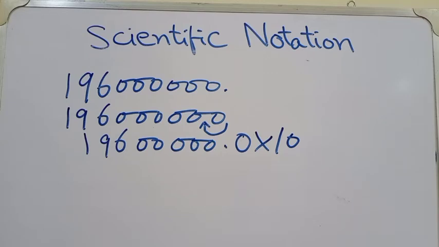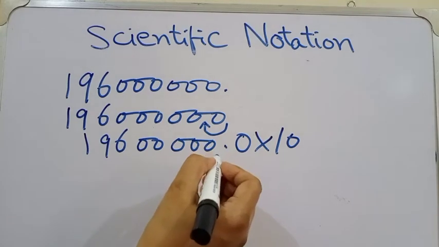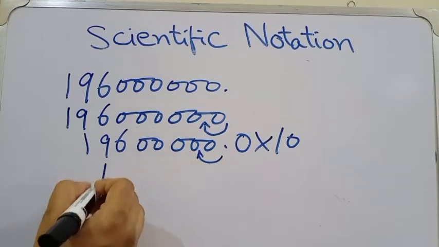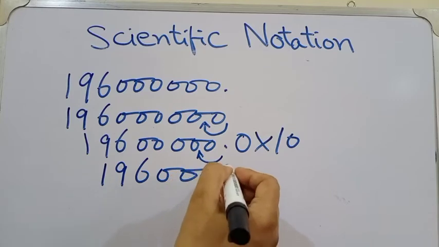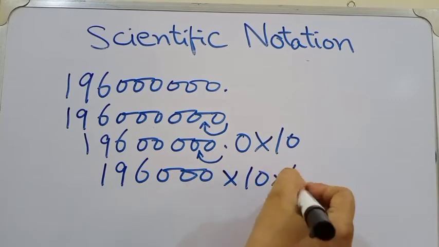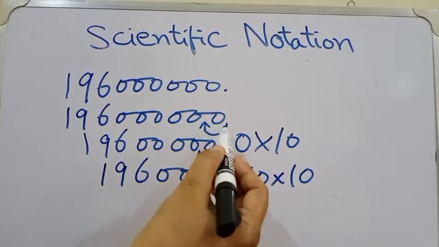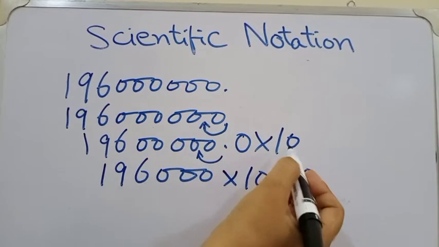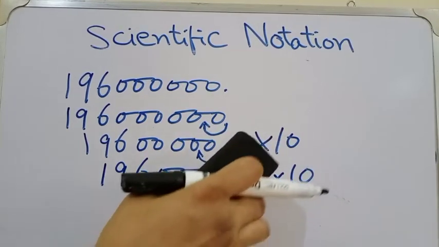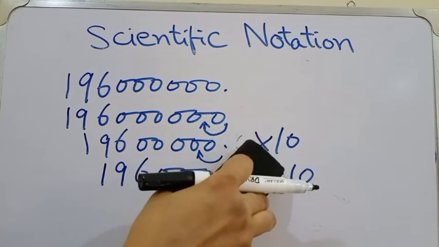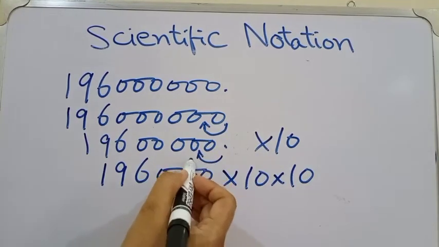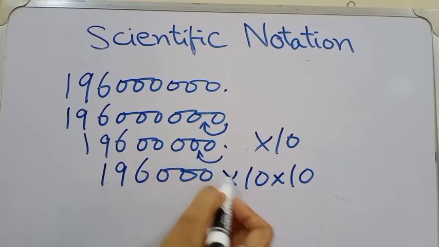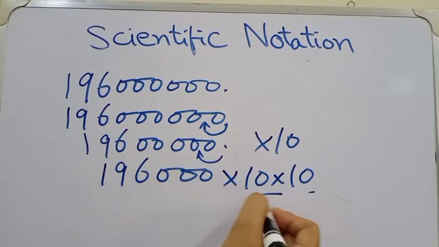We again shift the decimal to the left, and we observe that this becomes 10 multiplied by 10, because when we shift one place we multiply by one 10, and when we shift two places we have two tens.